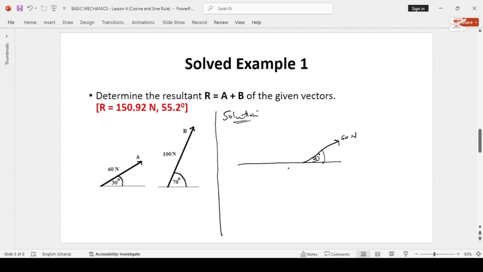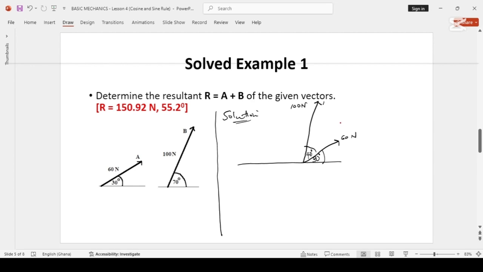We also have a 100 newton force at an angle of 70 degrees, but then from this side to that already occupies 40. So it means that from here to here we are going to get 40 degrees.